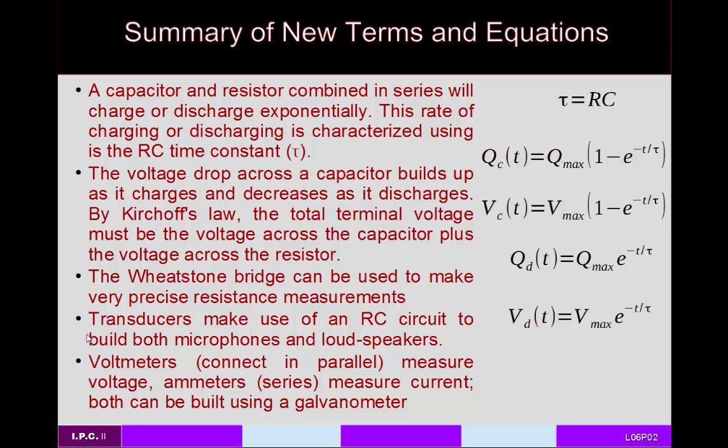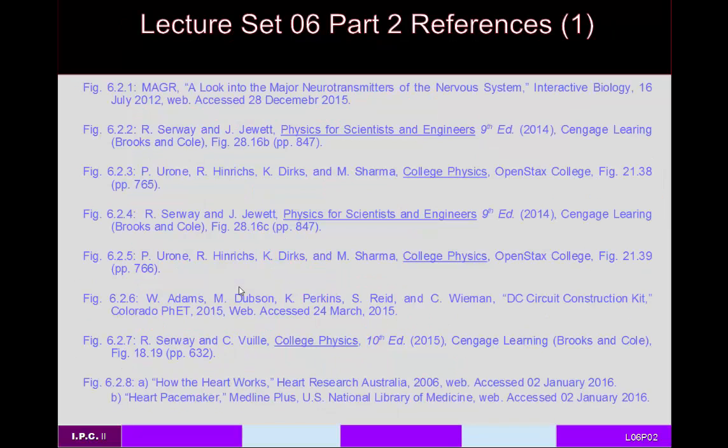Finally, you can make a microphone using a transducer, and transducers basically make use of RC circuits, both when building a microphone and, although I didn't show it, in building a loudspeaker. That is basically almost the exact opposite of how the microphone is set up, but that's a story for a different day.